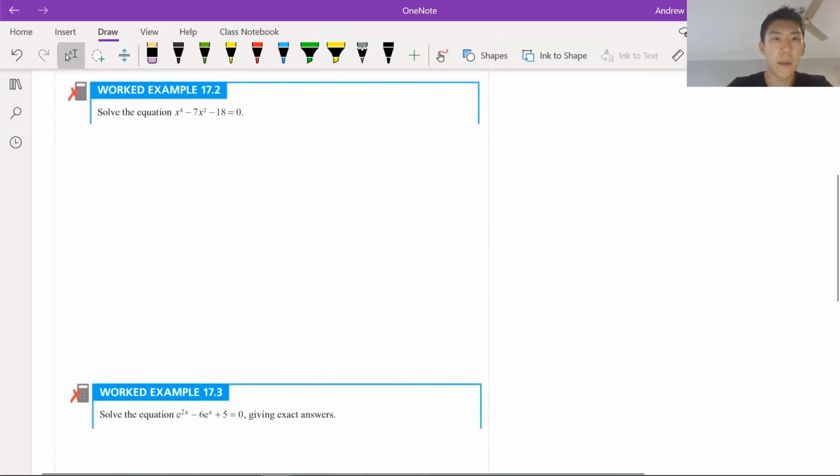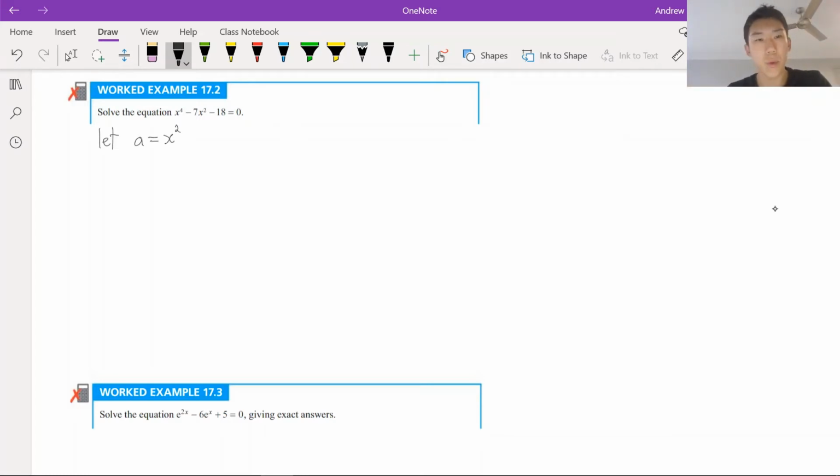Let's have a look at 17.2. Solve the equation x to the 4, take 7x squared, take 18 equals 0. Here's a little strategy you can use if it's not obvious to you at the start, because this question is a quadratic. Let's say we let a equal x squared.